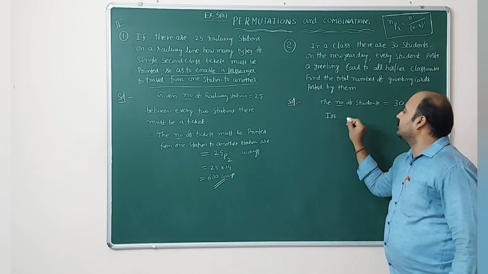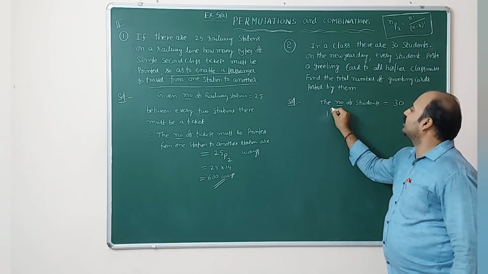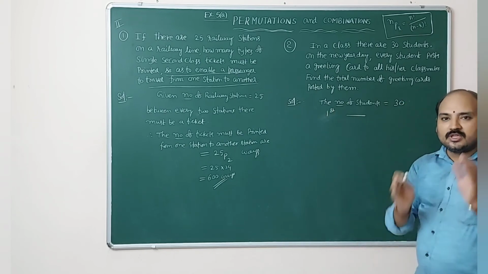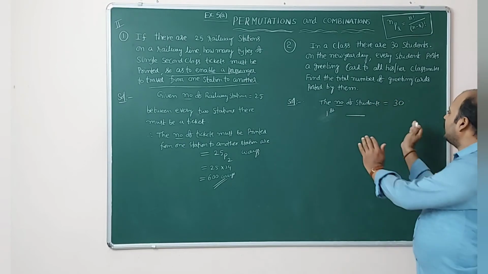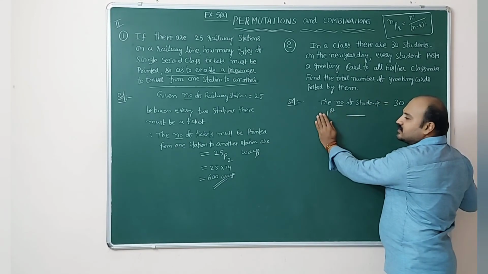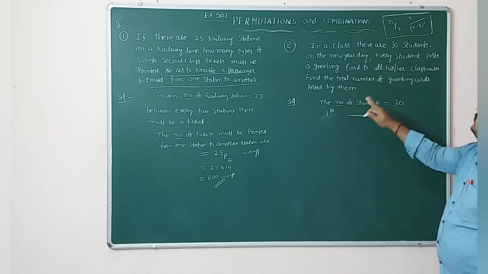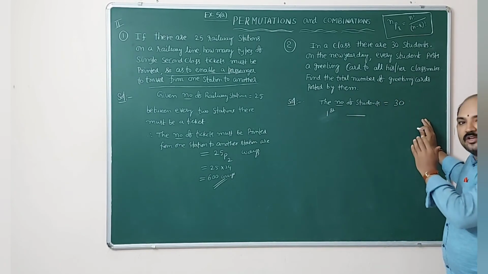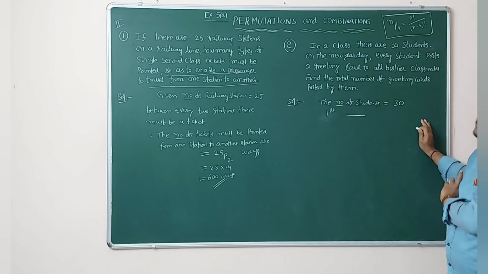In this way, we can write: the first student. Total 30 is there, so one student we are taking, and the remaining 29 are there. So this person will post the greeting card to the rest of the 29 students.